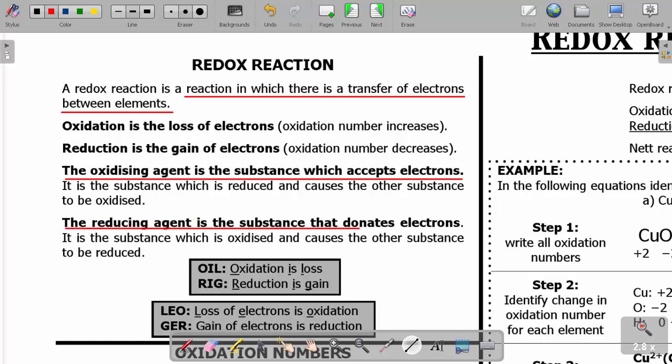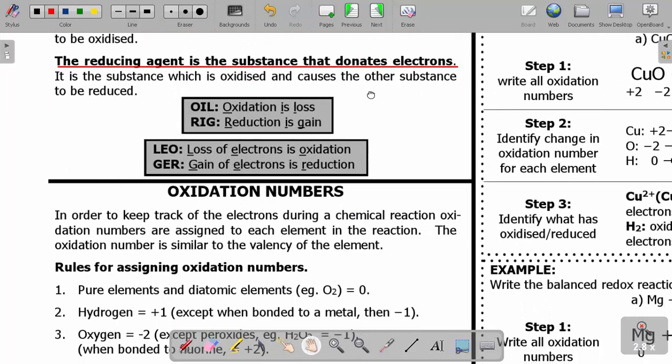So if they say define a reducing agent, you must know it is one which donates electrons. Now, these acronyms help us to remember these definitions properly. In your test, you can use them as well. OIL, it means oxidation is loss of electrons. What about RIG? Reduction is the gain of electrons. Or you can use LEO, meaning loss of electrons is oxidation. Or GER, which means gain of electrons is reduction.